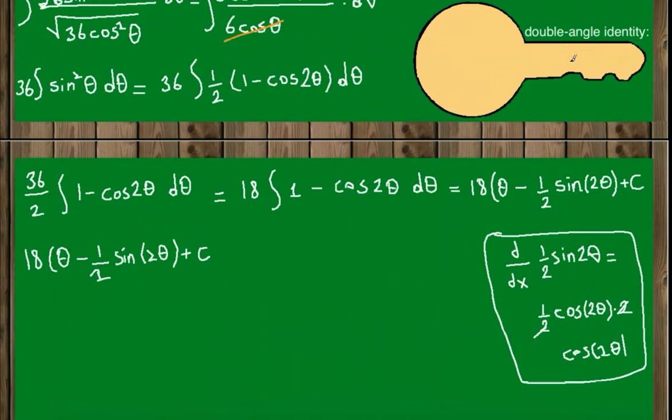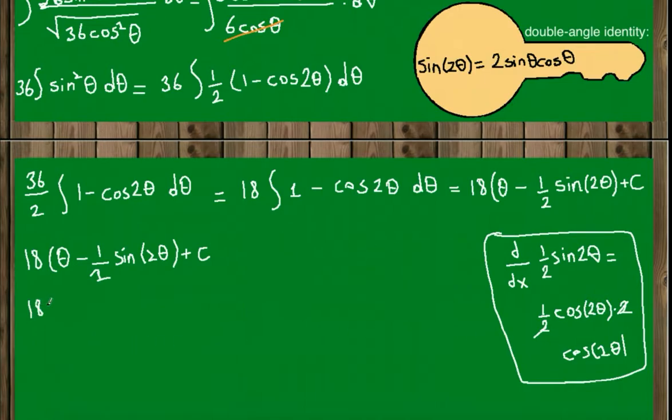We can use the double angle identity. So sine of 2 theta equals 2 times sine theta cosine theta. So we can rewrite sine 2 theta as 2 sine theta times cosine theta. Let's do it.